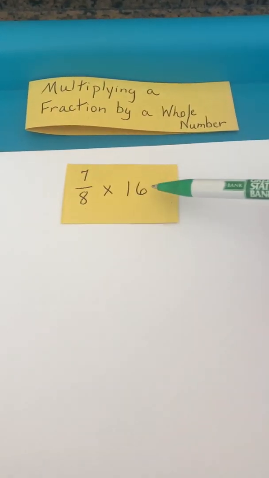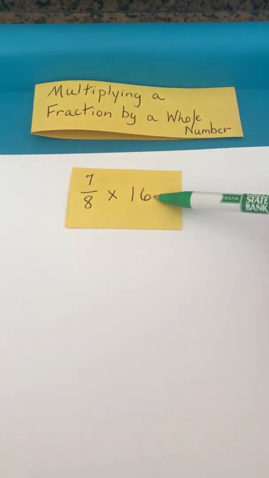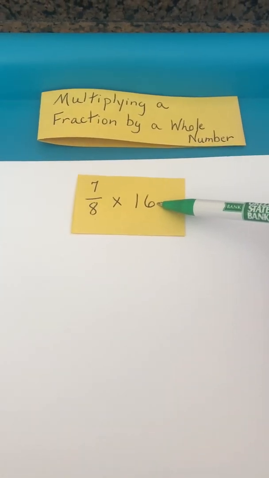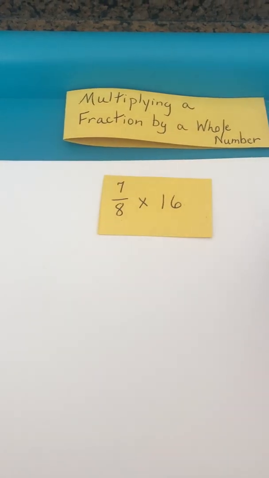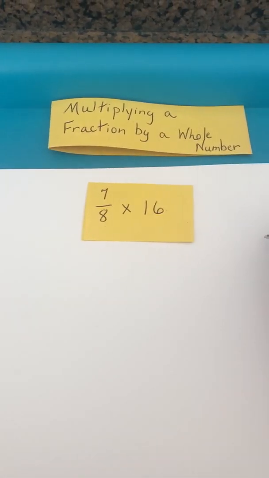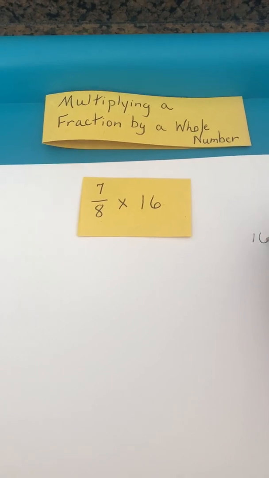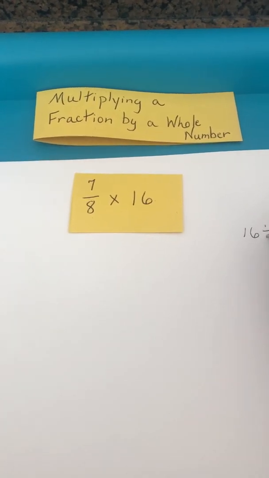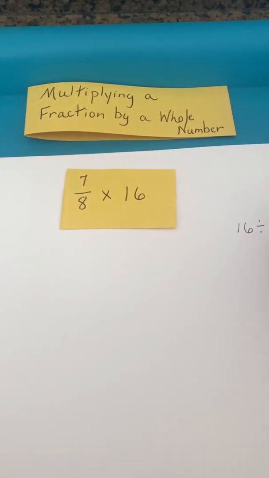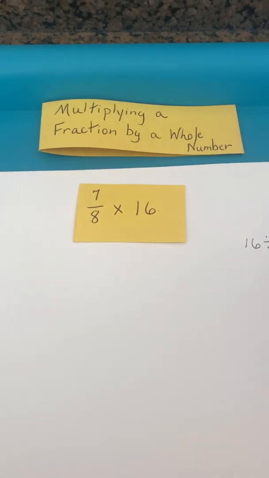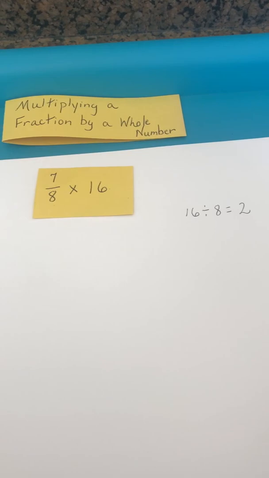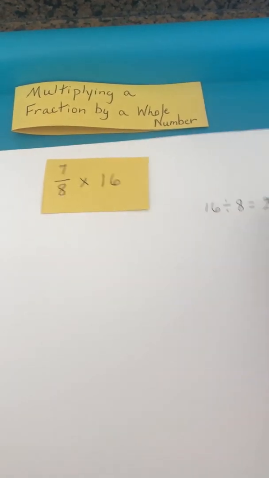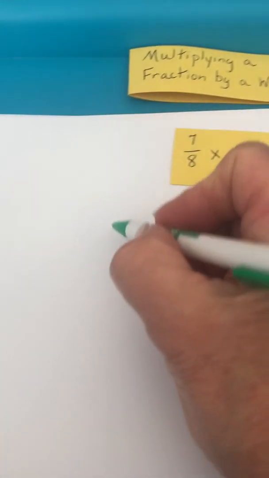Let's focus on my whole number, which is 16, and we want to divide 16 into 8 equal parts. Using what I know from multiplication and division, 16 divided into 8 equal parts would give me 2 in each group. So I'm going to do 8 groups of 2.